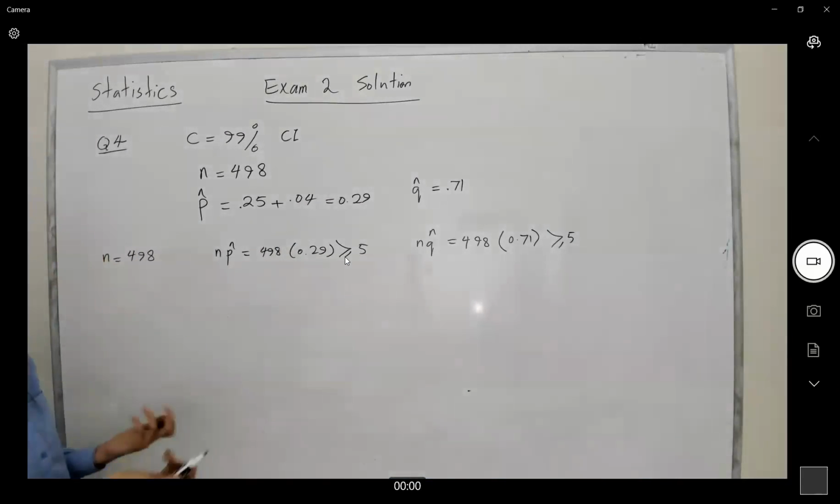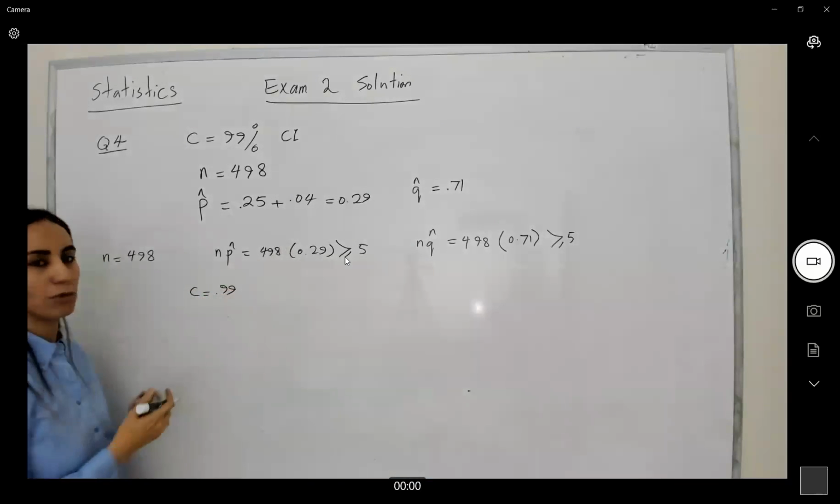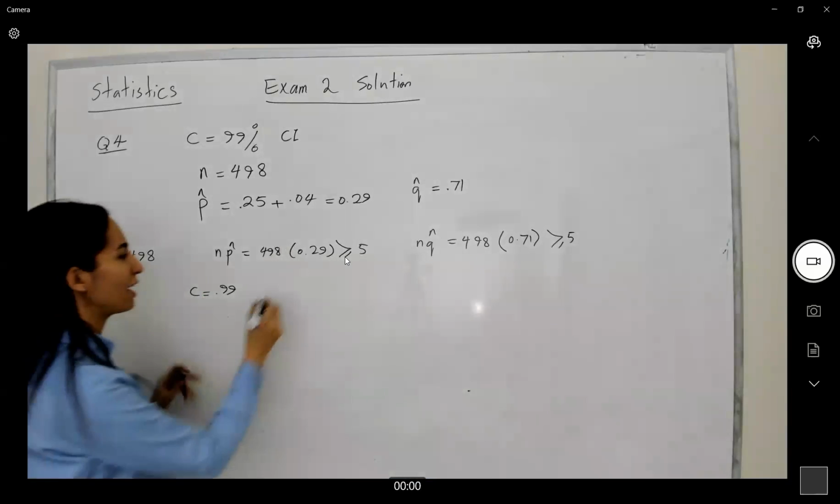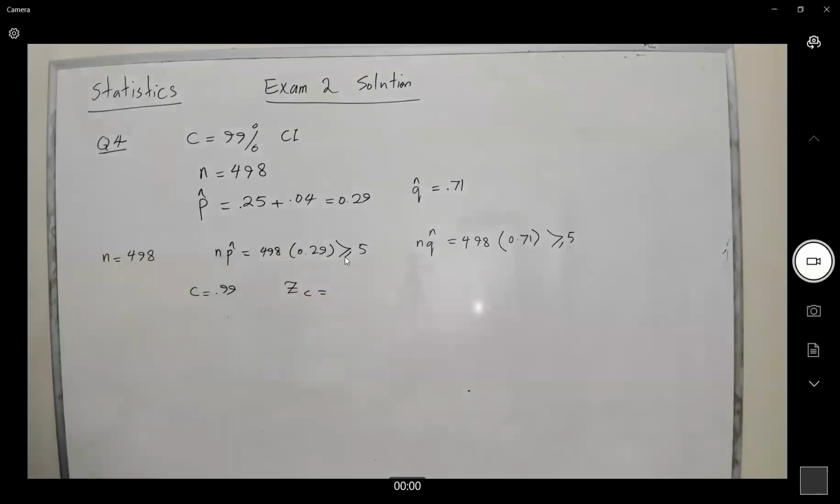Now, C is equal to 99%. What is our critical value? 2.575. Thank you.